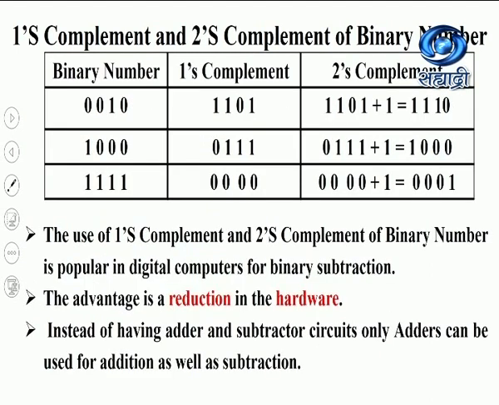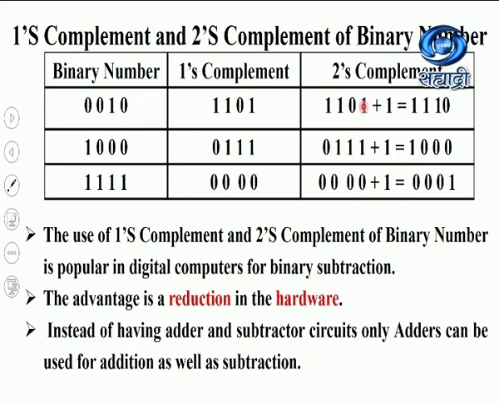So here is a chart. The first column is the binary number, the second is the ones complement and the third is the twos complement. The first binary number is 0010, its ones complement is 1101, and for the twos complement we take 1101 plus 1. Actually this 1101 is the ones complement of this binary number.